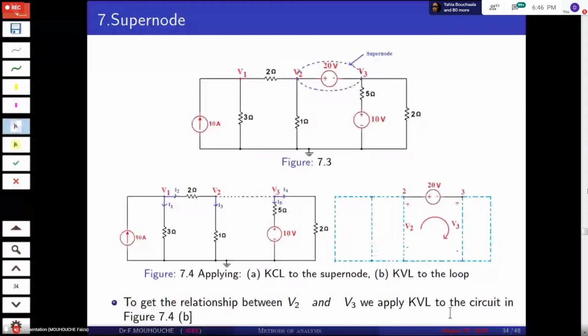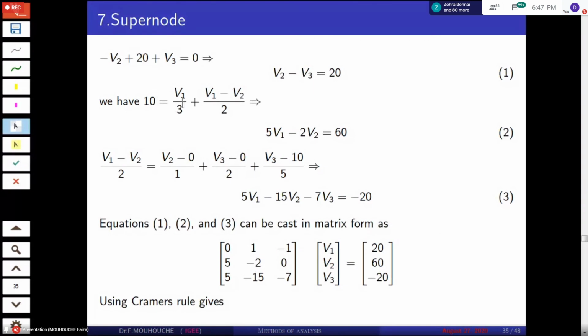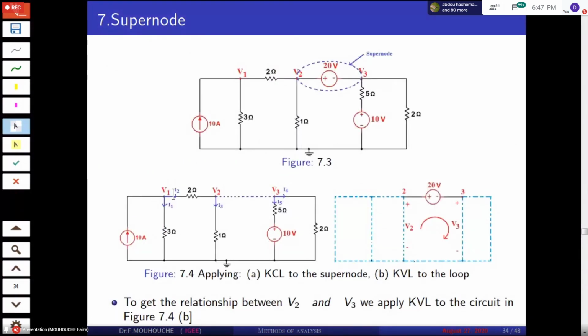So I3 equals V2 over 1, I4 equals V3 over 2, I5 equals (V3 minus 10) over 5, and I2 equals (V1 minus V2) over 2, as shown here.